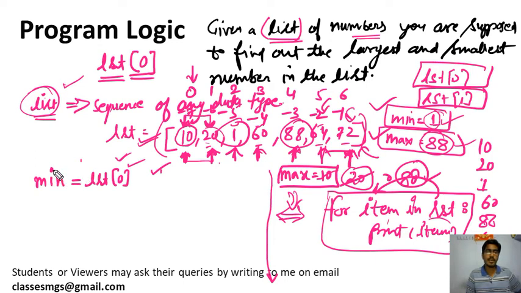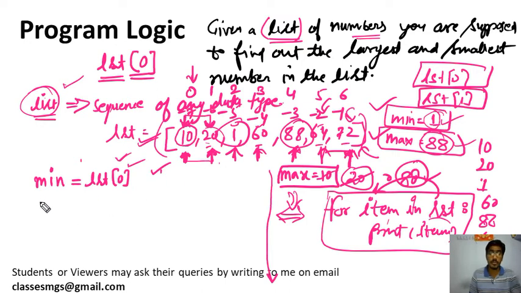So here I am assuming that the minimum is the first element. Then I will iterate through the loop over each item, and check whether any other value is less than this minimum, as I showed you a few minutes ago. The same thing we will do through the for loop.